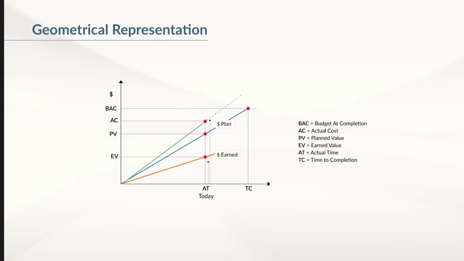Finally, as part of your planning, you estimated two additional items: time to completion of the project, TC for short, and the total project cost. For that, we will use the term budget at completion, BAC for short. For simplicity, we depict the planned value as a straight line extending from the time the project started to the time of completion, TC, for the given budget, BAC.